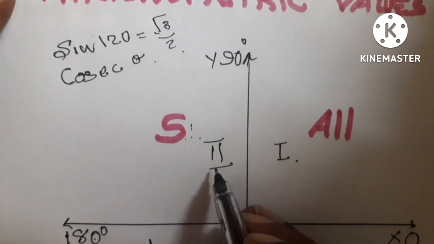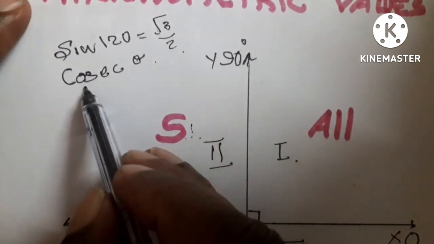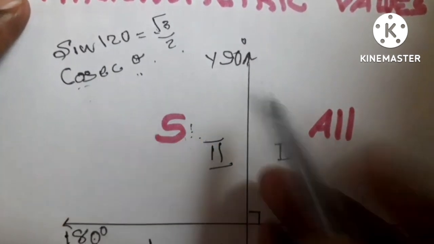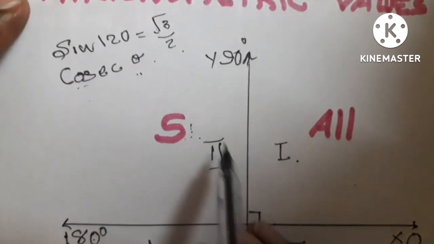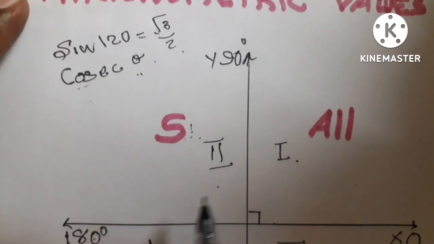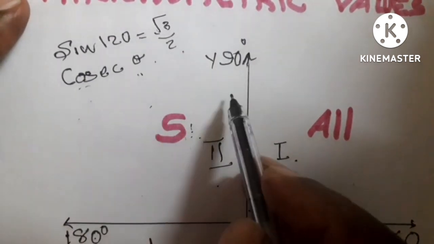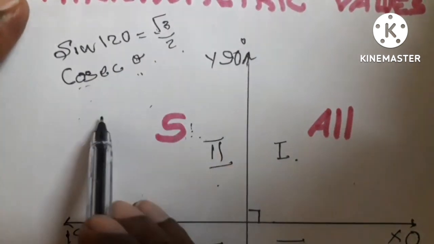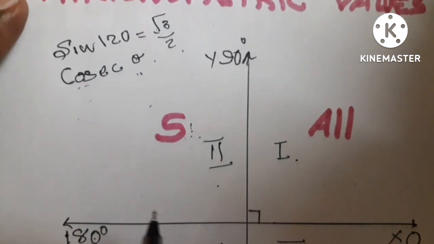In the second quadrant, only sine theta and its inverse, cosec theta, are positive. The remaining values are negative. For example, cos 120 will be negative, sec theta will be negative, tan theta will be negative. Any value other than sine theta and cosec theta is negative in the second quadrant.